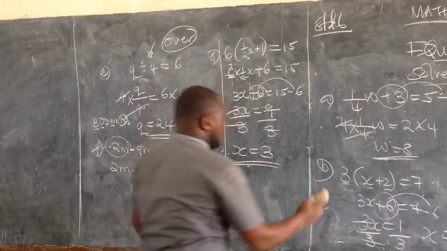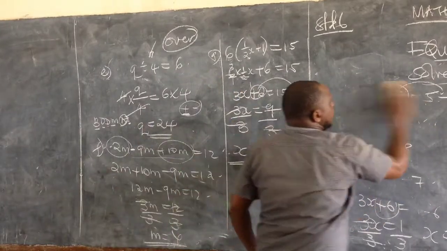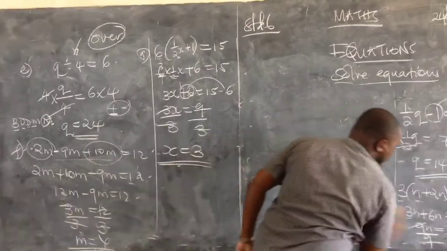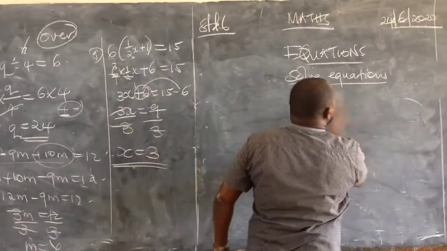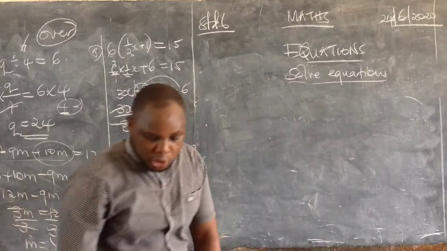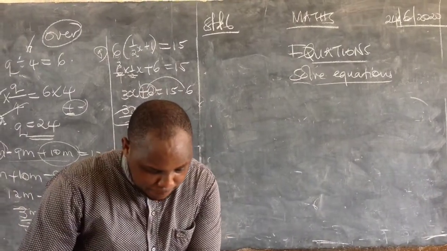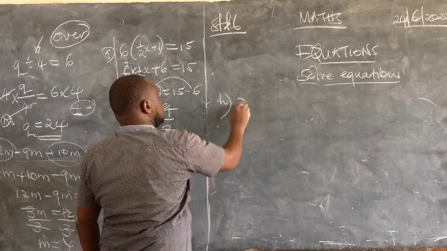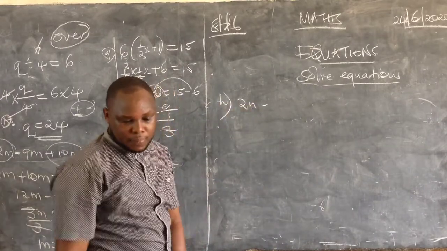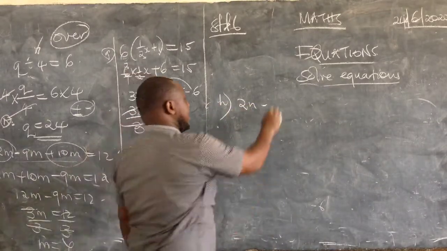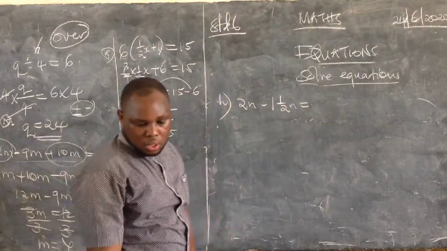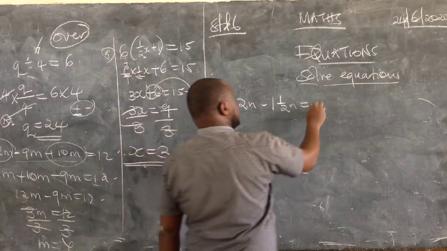Maybe I add you a few more questions here. You can also be given a question like 2n subtract 1.5n is equivalent to 16.